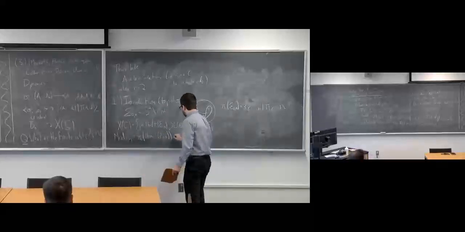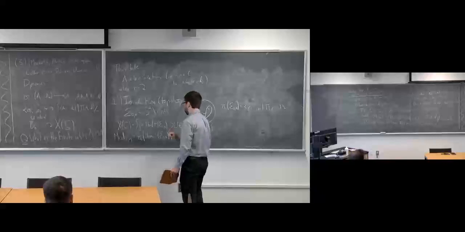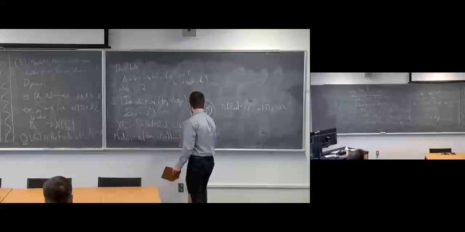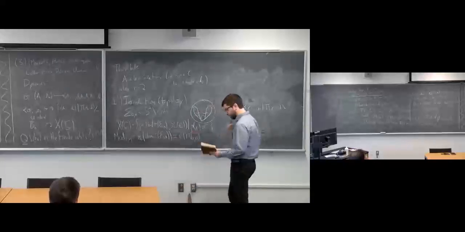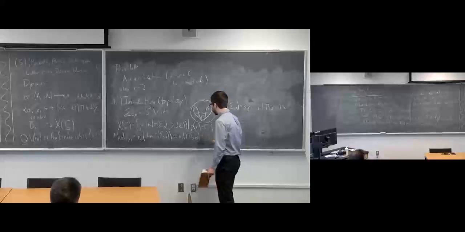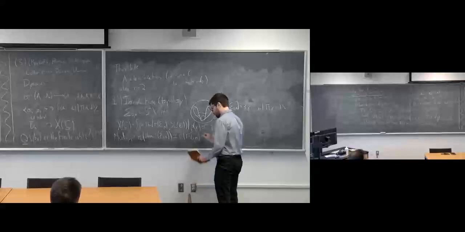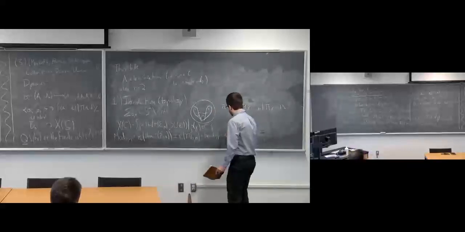Up to finite index, maybe I'll write this wiggly equality to say up to finite index, this is π1 of the moduli space of genus 0 Riemann surfaces with n marked points. This is also the pure braid group, the pure spherical braid group on n strands. And it's also this group, σ1 through σ_{n-1}.